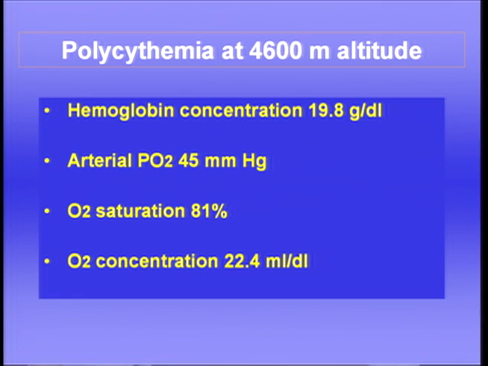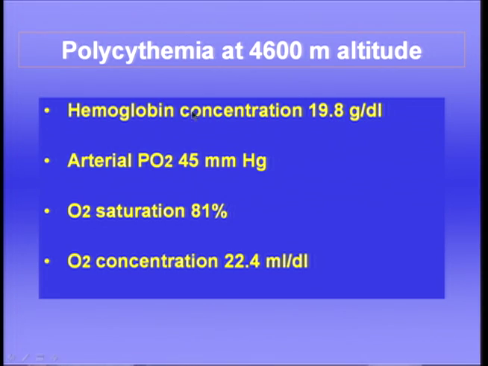And it turns out that the polycythemia has increased their hemoglobin concentration from the normal value of about 15 grams per deciliter to 19.8. Very big increase. Now they have a very low arterial PO2, only 45 against ours at sea level, around about 100. Therefore their arterial oxygen saturation, of course, is reduced.